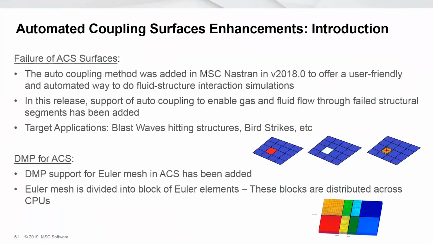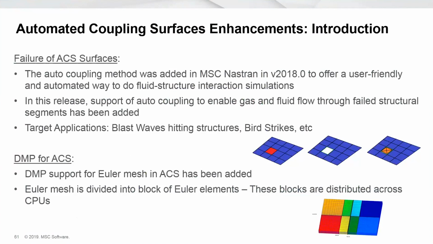For example, if you're doing bird strike simulations where a bird model hits the structure and the structure breaks, the bird model has to flow through the structure. Previously, you would have had to define two coupling surfaces, but in this case, it's taken care of automatically. Also, we've added DMP support for the Eulerian mesh in automated coupling surfaces.